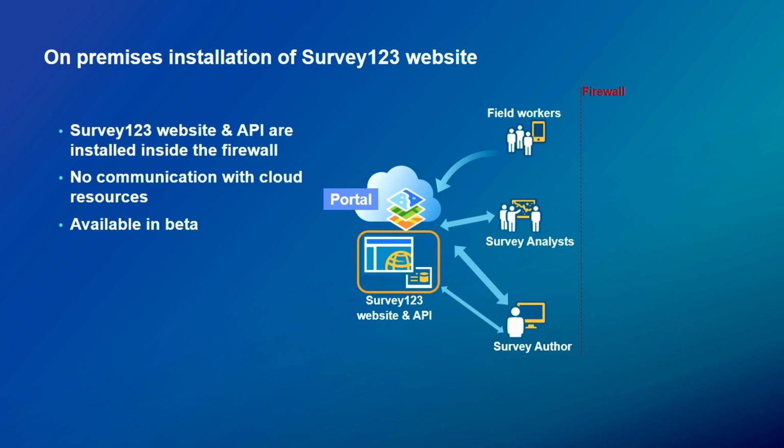Many of you have also been asking for an on-premises installation of the Survey123 website. Some of you have been able to use the Survey123 website already with your existing ArcGIS Enterprise systems through a configuration parameter. However, between being in a disconnected environment without internet access, needing to create and modify forms out in the field, many of you want to be able to do everything on your own machines.